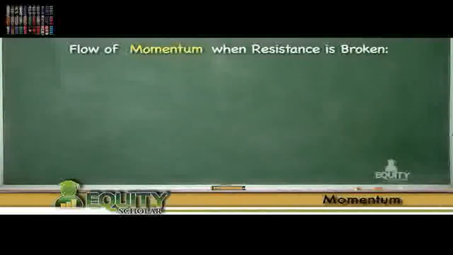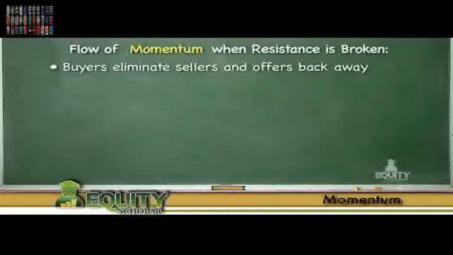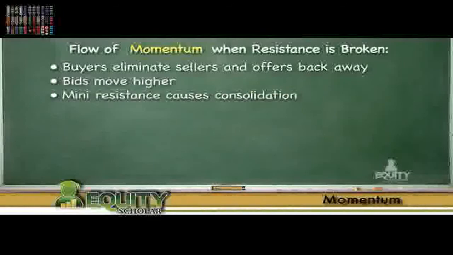When a significant resistance level is broken through, buyers aggressively take out offers. Offers then back away. This causes bids to slowly creep up. As a result, temporary consolidation occurs as a mini resistance level forms.